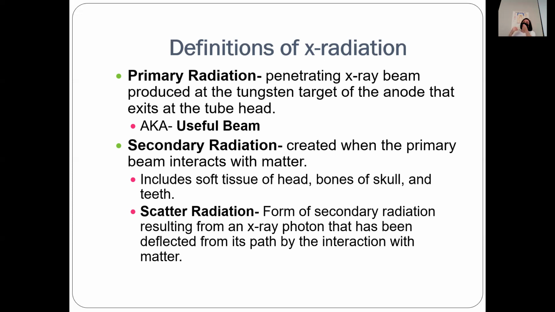Scatter radiation is basically secondary radiation. It's a form of secondary radiation resulting from an X-ray photon that's deflected from its path by interacting. Those terms are kind of the same thing, secondary and scatter, but I'm not going to quiz you specifically on that.